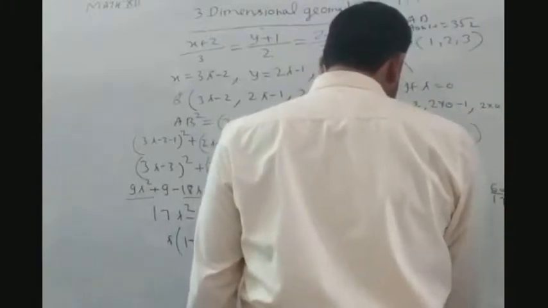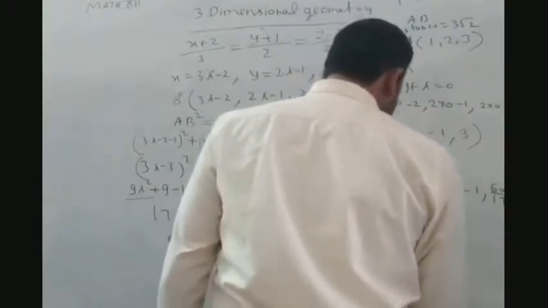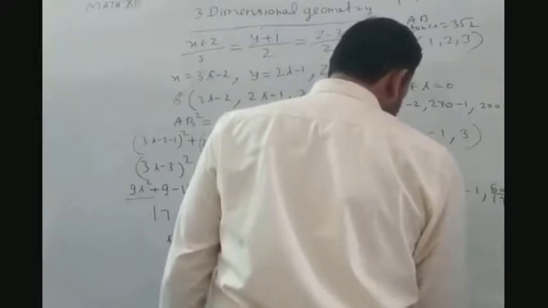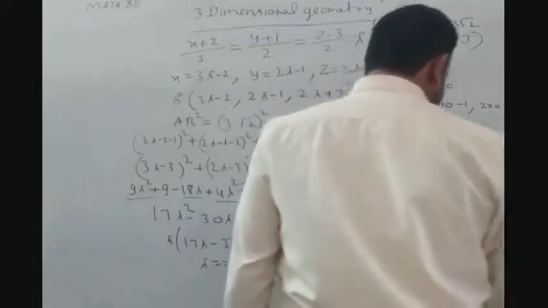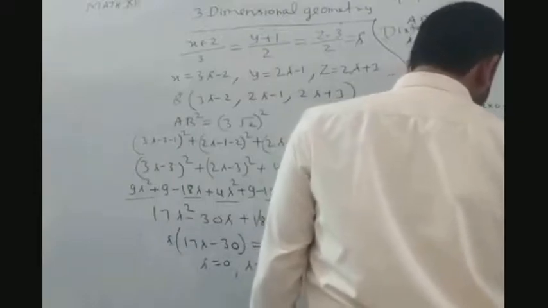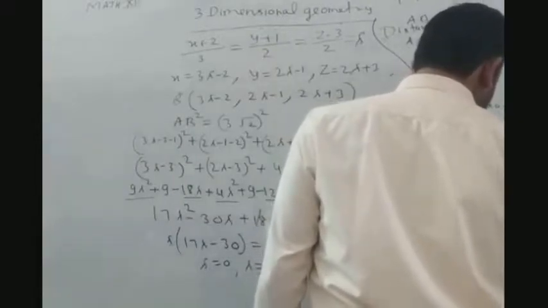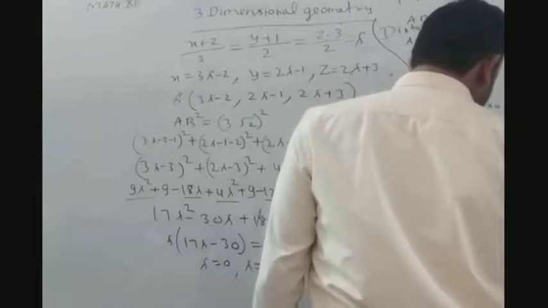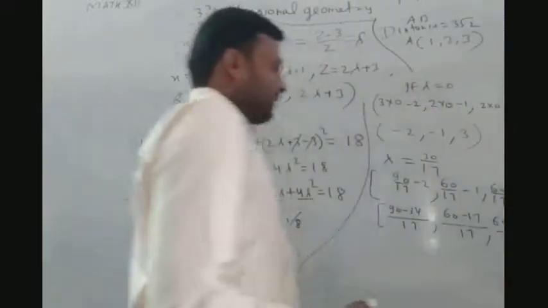So it will be 90 minus 34 by 17, 60 minus 17 by 17, 60 plus 51 by 17.